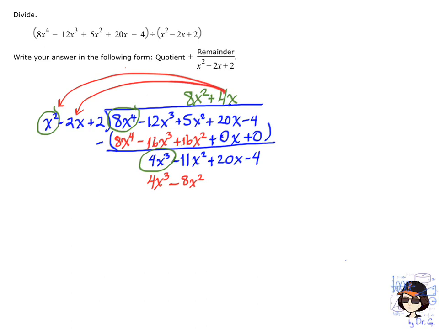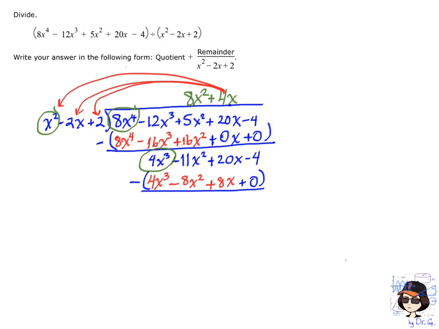And then 4x times positive 2 is positive 8x. And now I'm going to subtract. I added a 0 at the end, put parentheses around it, and a minus sign in front. And now I'm going to do it term by term.